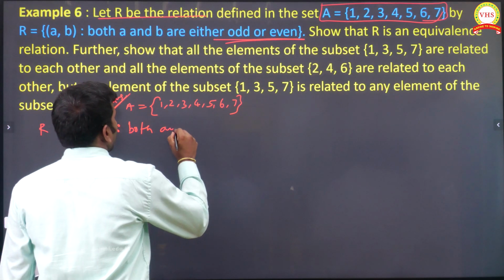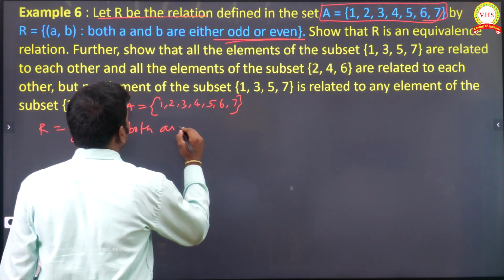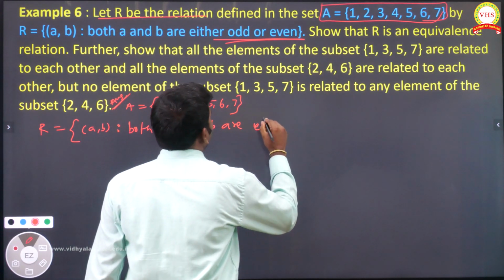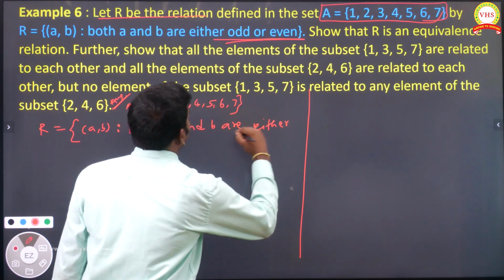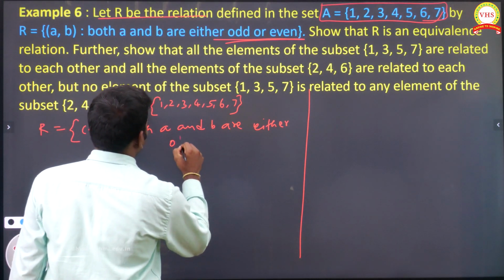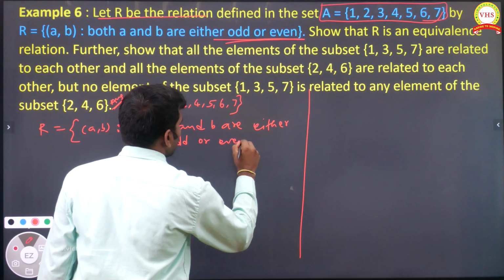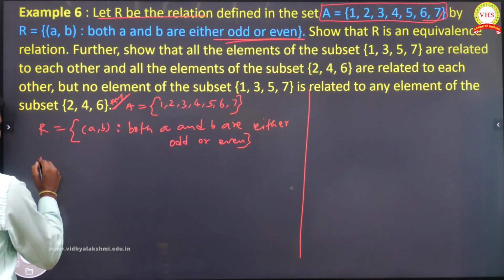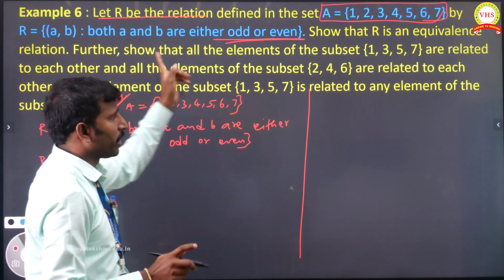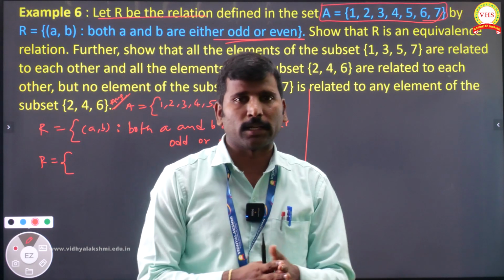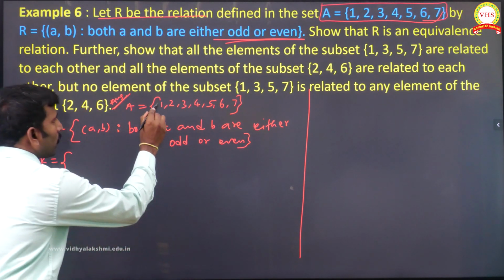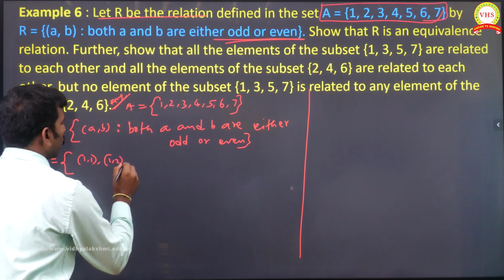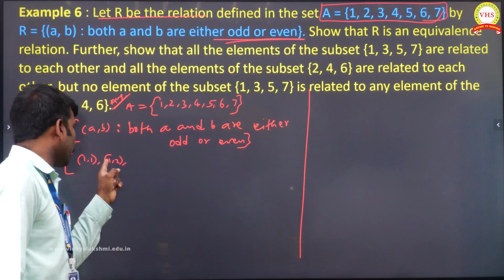Understand? That is what they are telling. Both A and B are either odd or even. That is the question given. What does it mean actually? Let me give a few examples. If the relation is going from A to A, generally it is always A to A. So if 1 is going to 1, you can write 1, 1. 1 is going to 2: 1, 2 will not come, because 1 is odd and 2 is even.